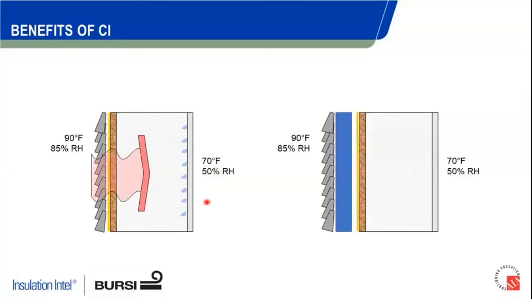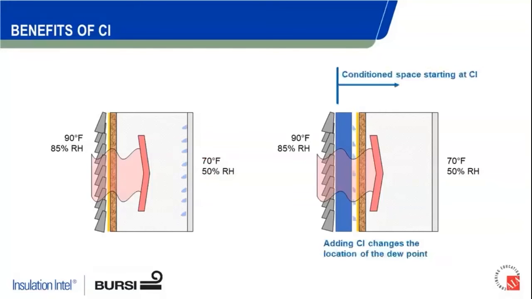Well, back to our CI example there on the right, we have our lovely blue line. Now again, all those materials CI inward are at a much closer temperature to that 70 degrees. So again, the first cold condensing surface that warm air is going to come in contact with in this case is the backside of that CI material.